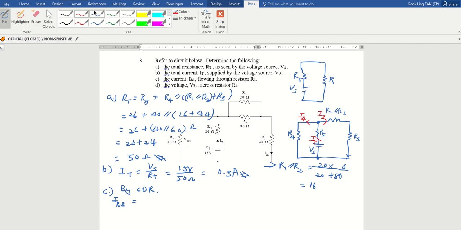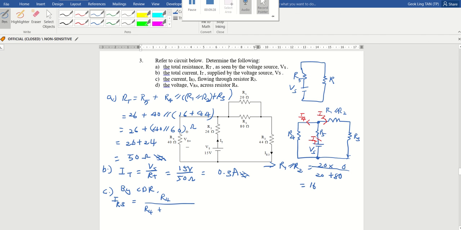Let me change the color. You apply CDR. So that will be R4 divided by all the resistance in the two loops. So it will be R4 plus the resistance on the right hand side, which is this part here, R2 in parallel with R3.